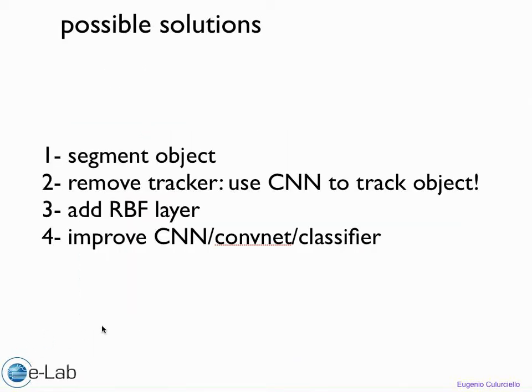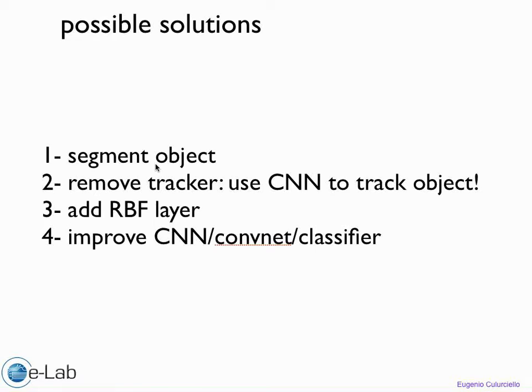So as I showed before, the online learner has some problems. How can we solve these problems? Here are some possible solutions that we thought about in the last year or so. First of all, we might try to segment the object so that we don't learn the background as much.